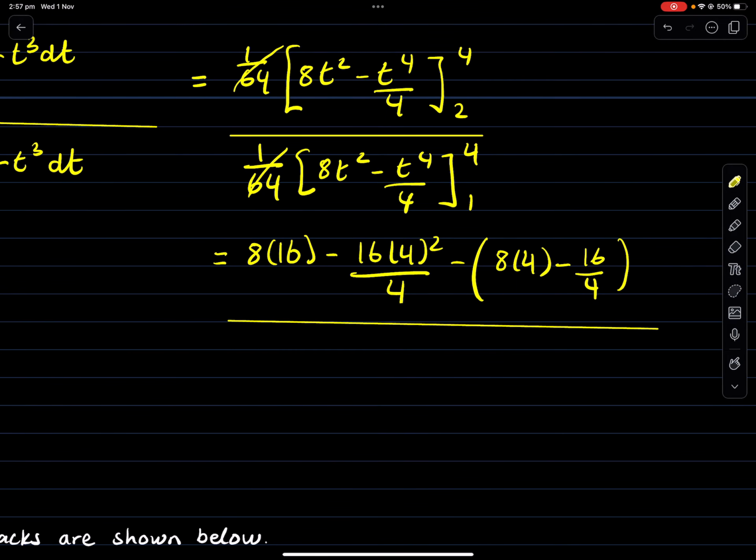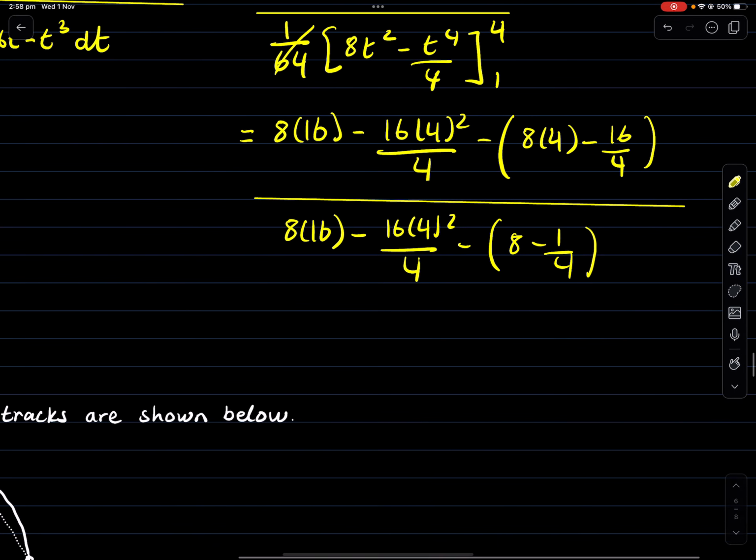So if I sub in 4, it's going to be the same as the other one, so 8 and 16 minus 16 times 4 squared over 4 minus 8 minus 1 over 4. So let's just simplify this.